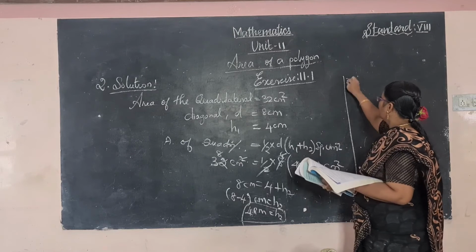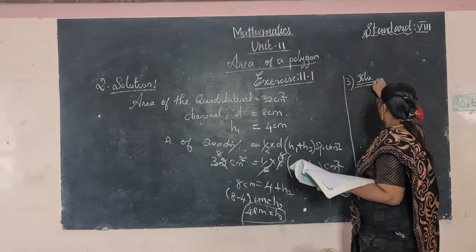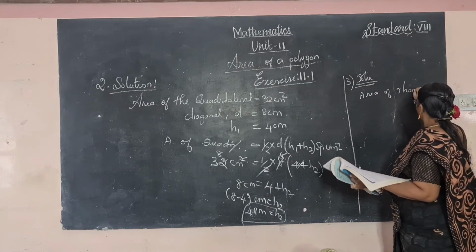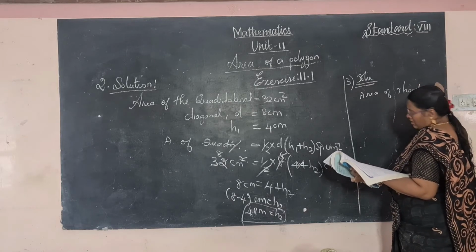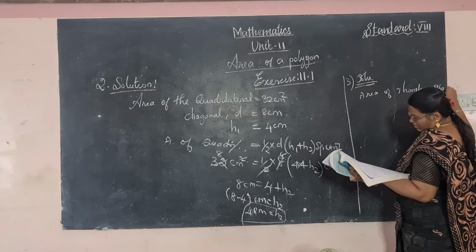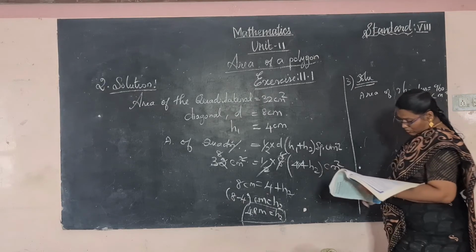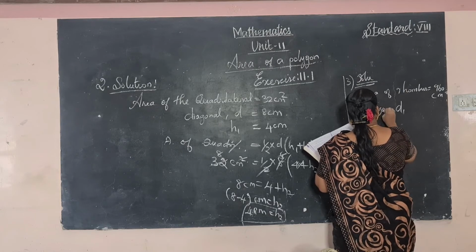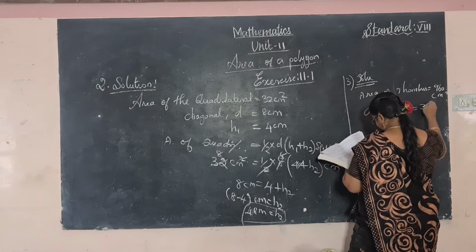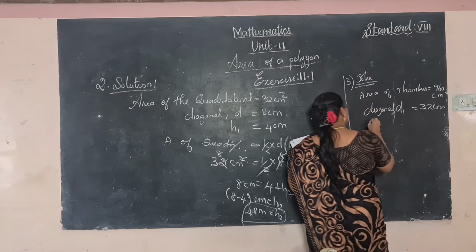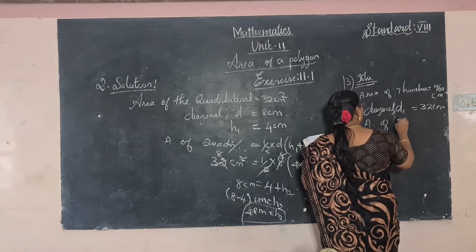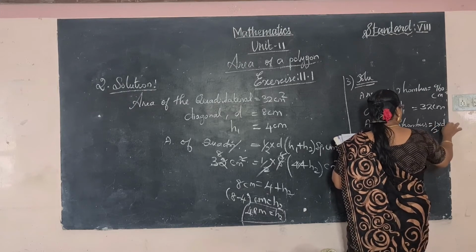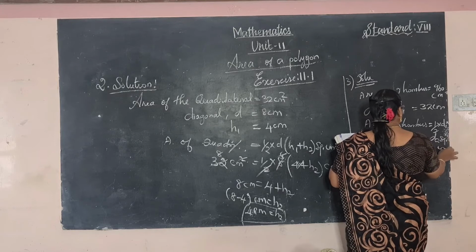It's a very easy one. The area of the rhombus is 960 centimeters square and one diagonal D1 is 32 centimeters. The formula: area of the rhombus is equal to half into D1 into D2 square units.